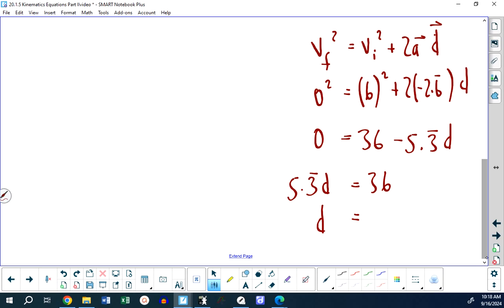Is that right? I'm going to surprise myself this morning. 6.75 meters. I don't care if you round to 6.8 meters. It doesn't matter at this point. Those are details we don't need to worry about. We want to worry about, can you use the formulas properly at this point in the course to get the right answer.